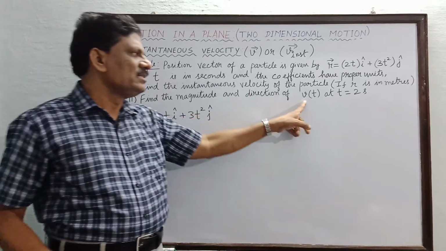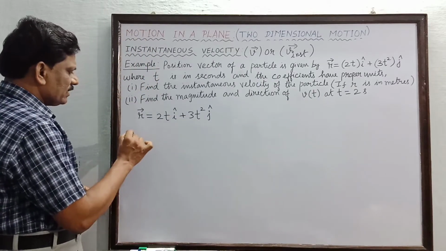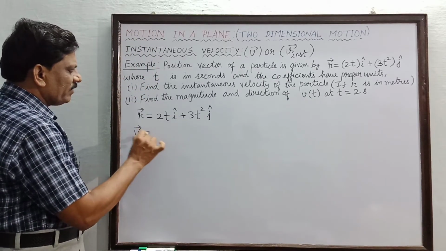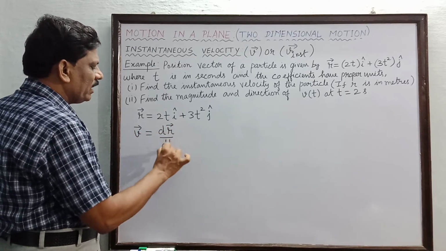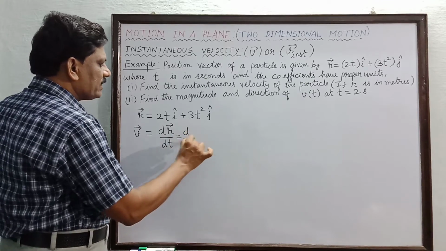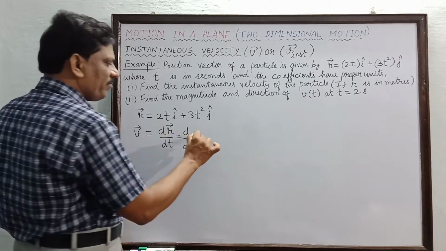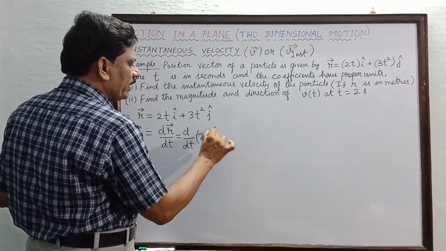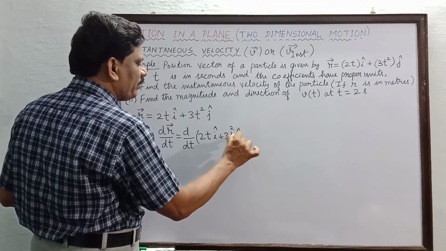We have to find the velocity as a function of time. The instantaneous velocity v is equal to dr by dt, which is the differentiation of r: d by dt of 2t i cap plus 3t square j cap.